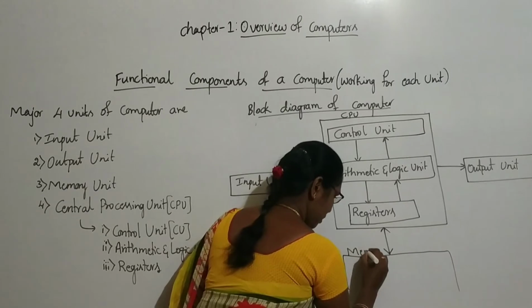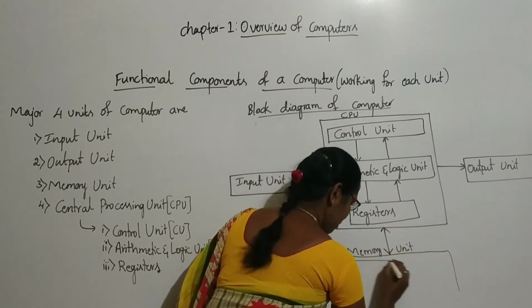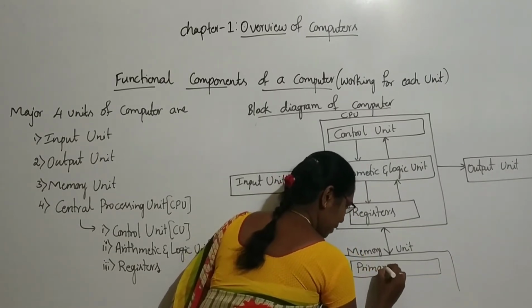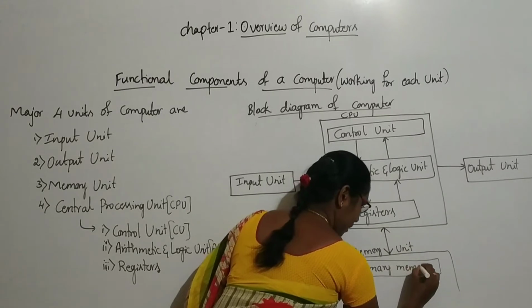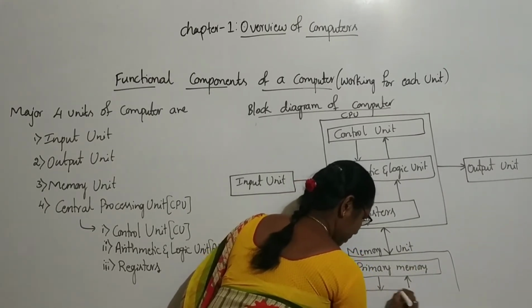This is called a memory unit. In this memory, there are two types of memories. The first one is primary memory and the second one is secondary memory.